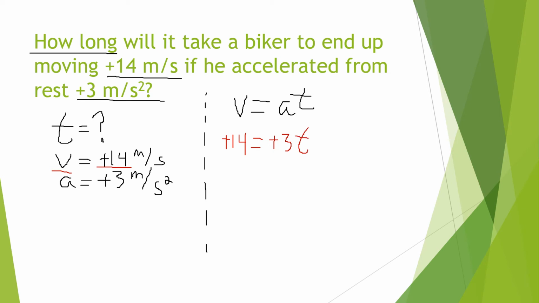So I really have 14 equals 3t. So to get t by itself, I have to divide. If you divide both sides by 3, the 3's in front of the t cancel out, I'm left with t equals, should be 4.67, rounded to 2 decimal places.